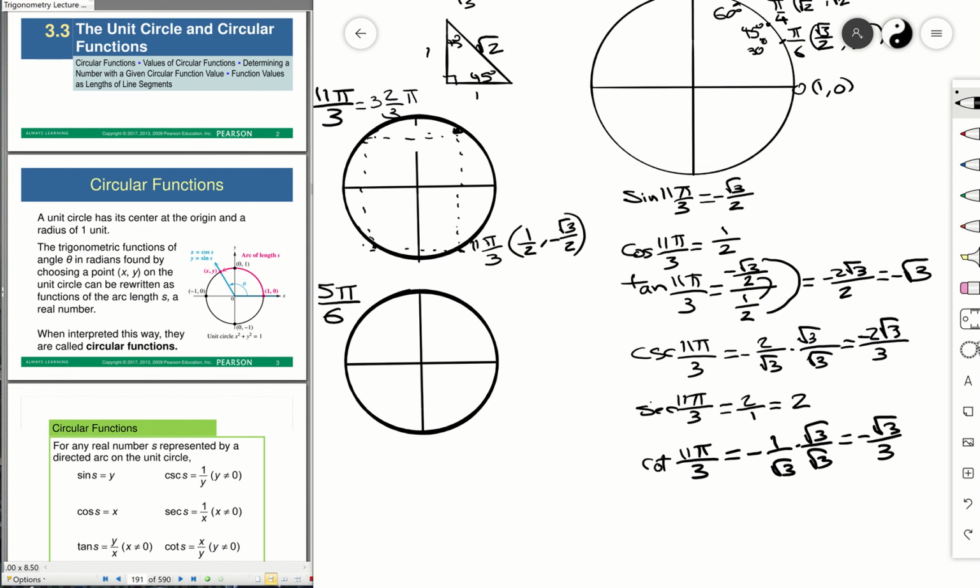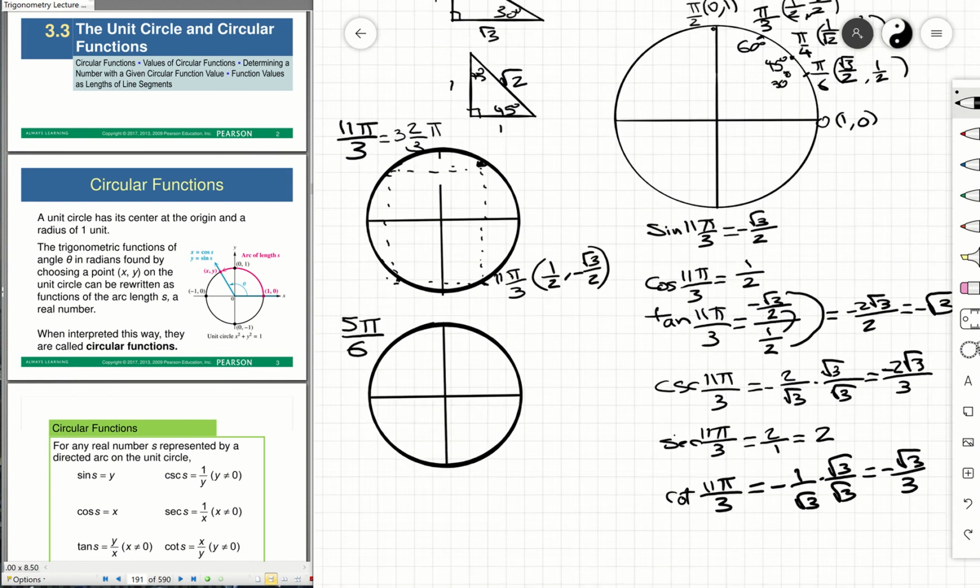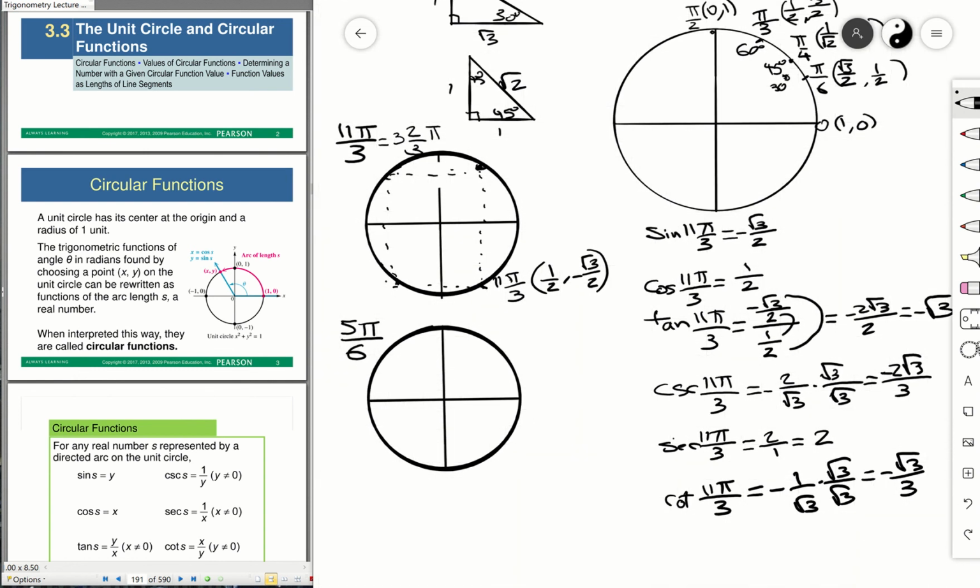So that's how we can go ahead and find all the values for that particular angle using only the first quadrant values from the unit circle.